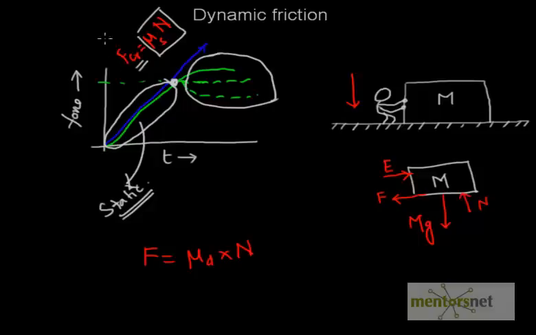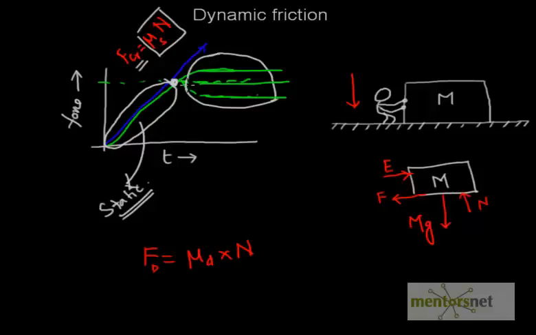So it is very similar to the critical friction. The dynamic friction is the coefficient of dynamic friction into the normal reaction. So if we actually have to plot this over here, then it's a straight line which is either here or here or here, depending on what your coefficient of dynamic friction is.